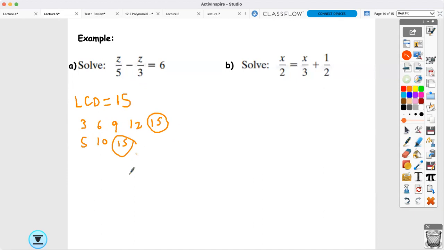We got 15. Now that we found the LCD, we're going to multiply that to the whole equation. Z over 5 minus Z over 3 equals 6.